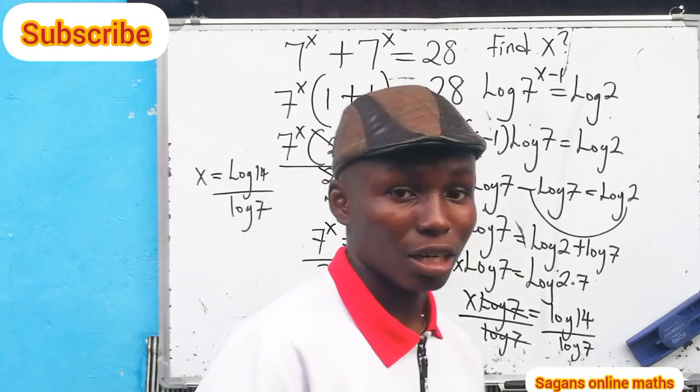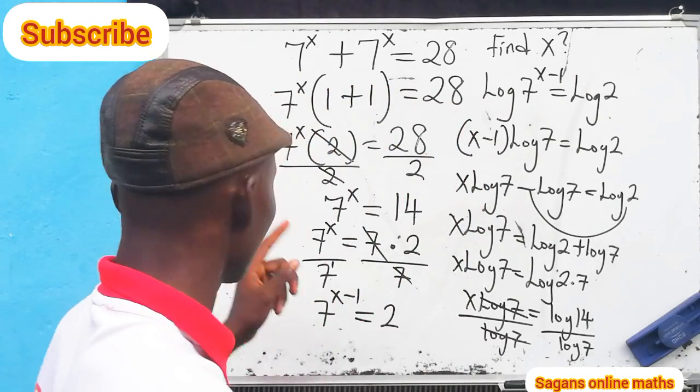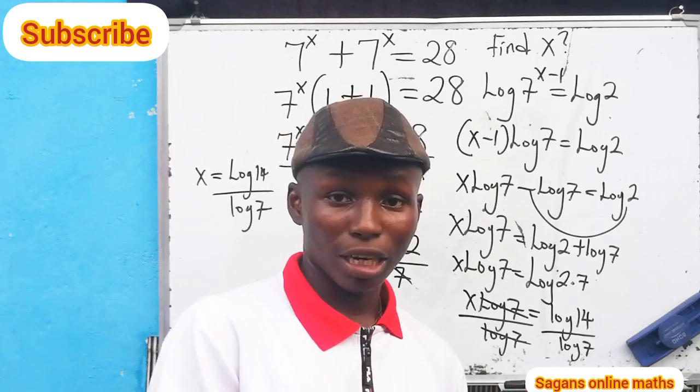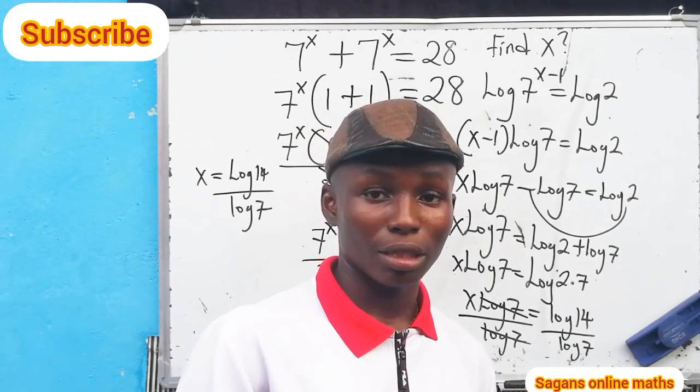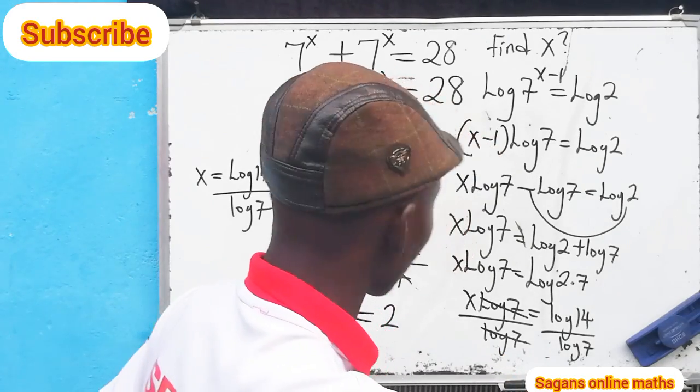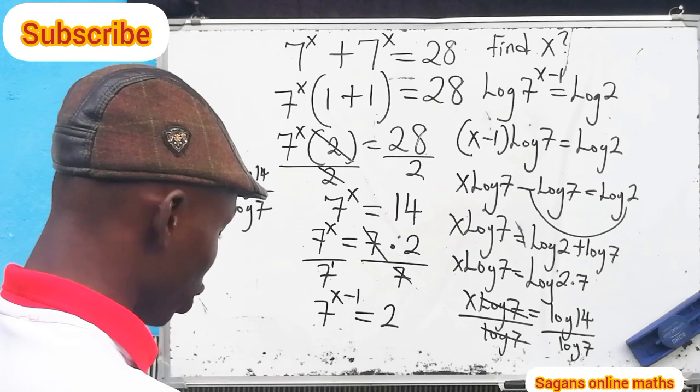But let me use my calculator to find the log of 14, so that I can put the answer there and divide, so you know the real answer in decimal places. Let me see the calculator. Now let's see log 14.